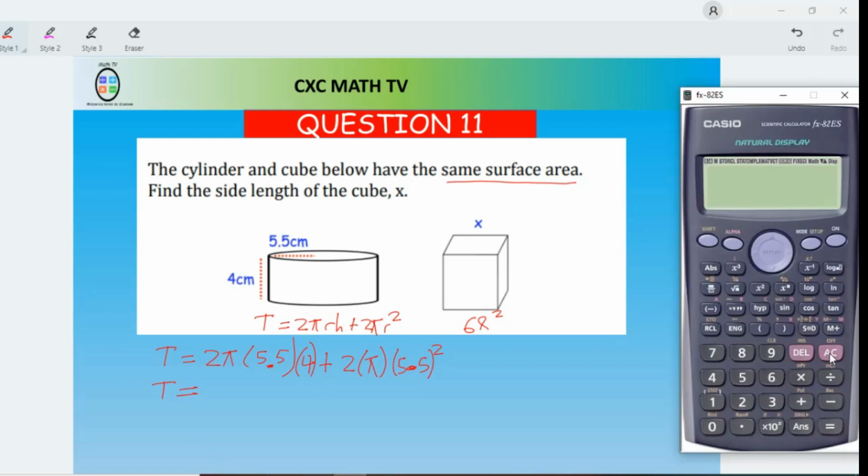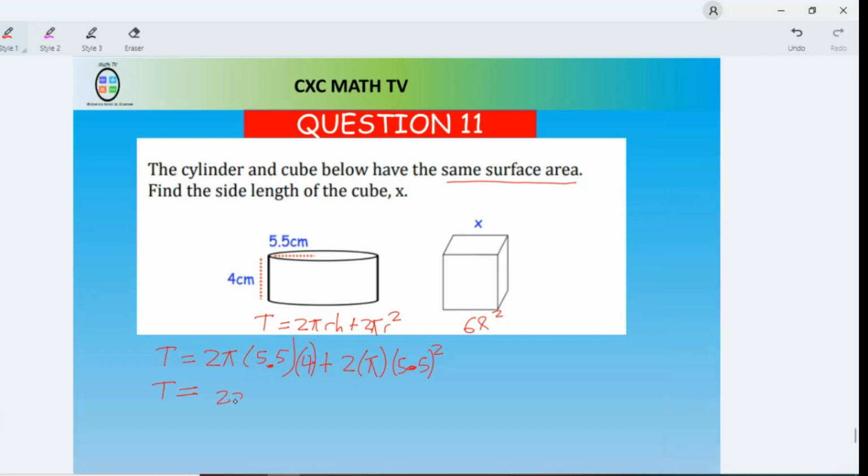You can put all of it in one time: 2 pi in bracket 5.5 times 4 plus 2 pi multiplied by 5.5 squared, and that is giving us this amount right here. I'm just going to keep it exact, 209 over 2 pi.